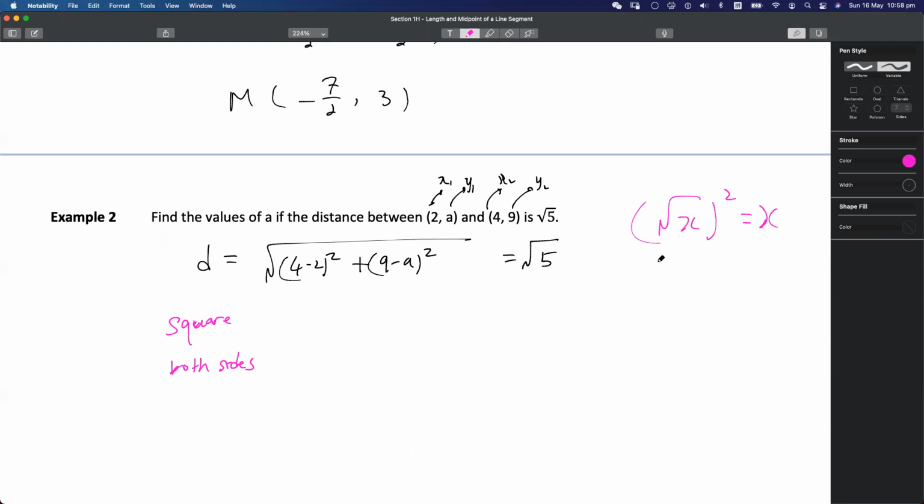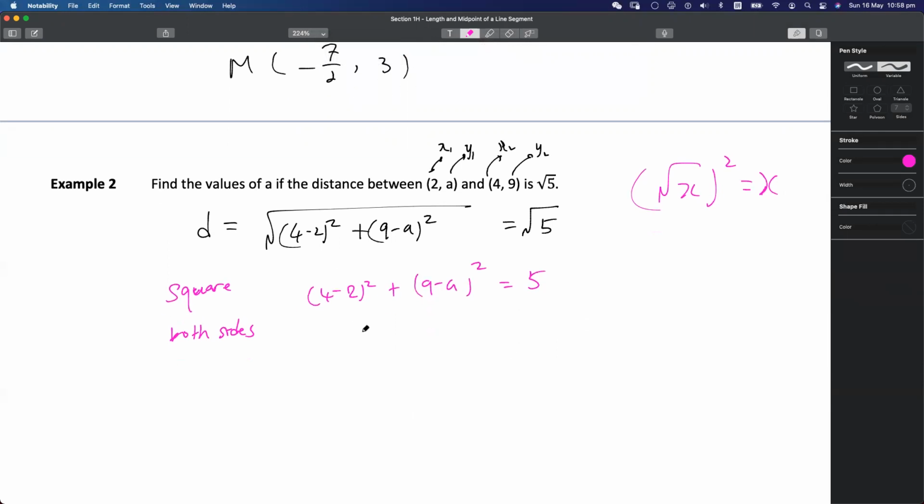So we can take out our radical sign. Squaring both sides, we have (4 minus 2) squared plus (9 minus a) squared equal to 5.